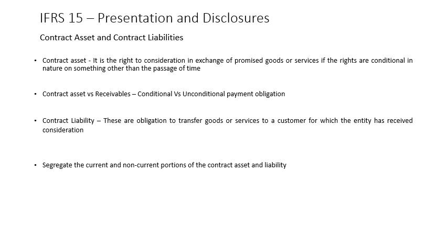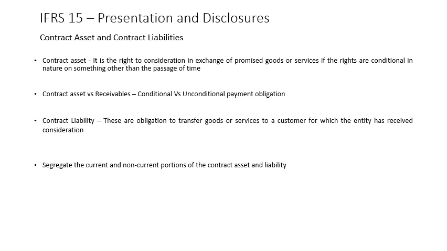Contract asset is the right to consideration in exchange of promised goods or services if the rights are conditional on something other than passage of time when the consideration becomes due. In case the consideration is unconditional in nature, that is, only passage of time is required before the payment becomes due, then it needs to be recorded as receivables.